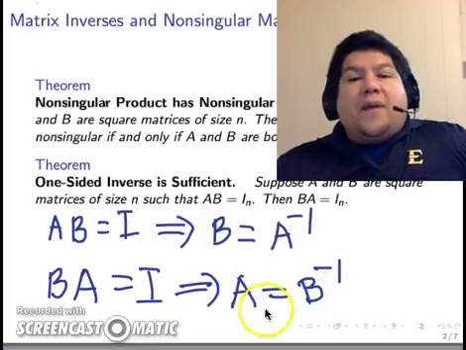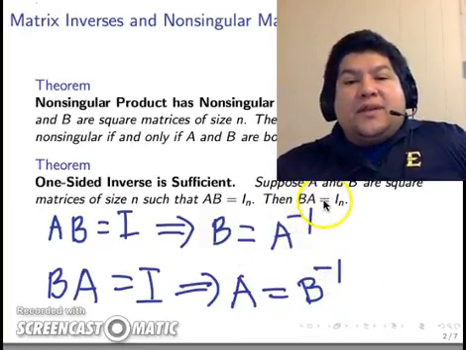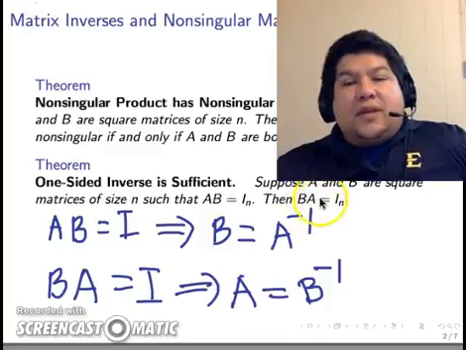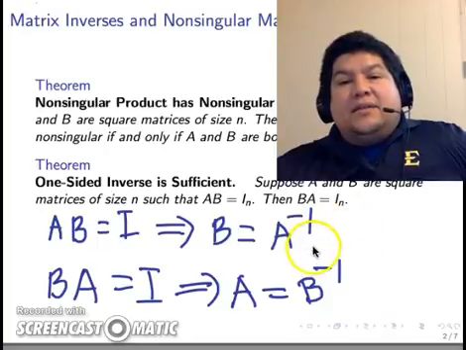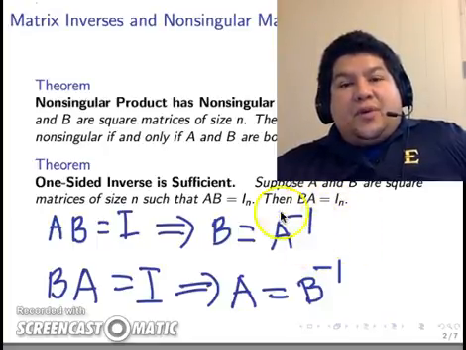So having information on one side of this multiplication, the right side or the left side, immediately implies that the product on the other side is true.